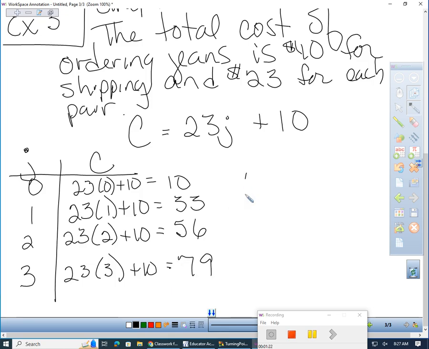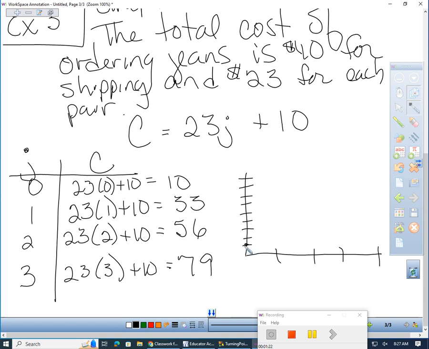All right, so over here, when I go to graph it, I'm going to have 1, 2, 3. Now, I'm going to be going up by, let's go by 10s. 10, 20, 30, 40, 50, 60, 70, 80, and 90. First one is at 0, 10.